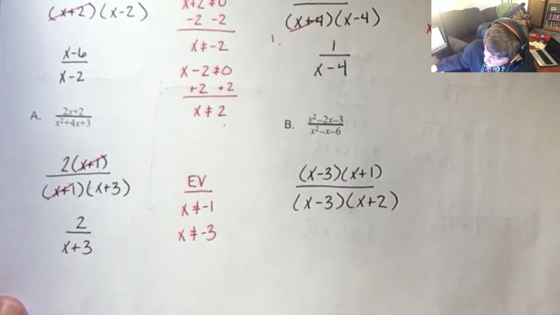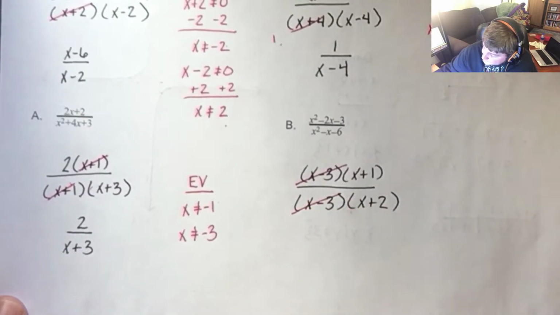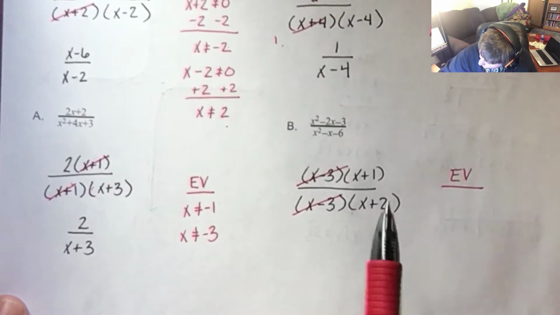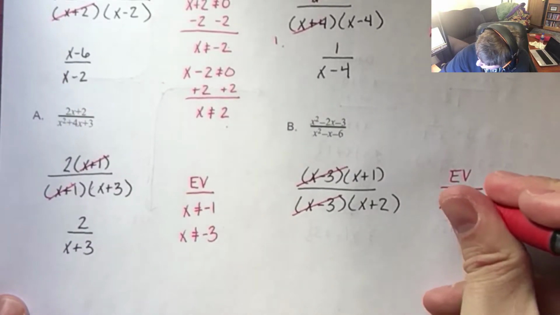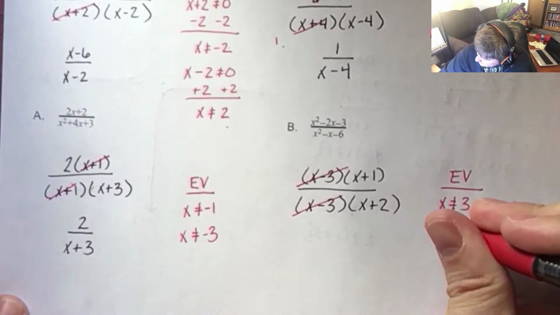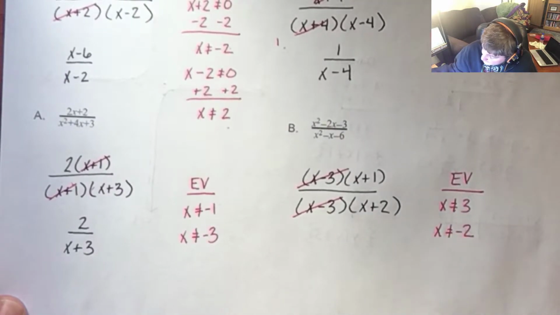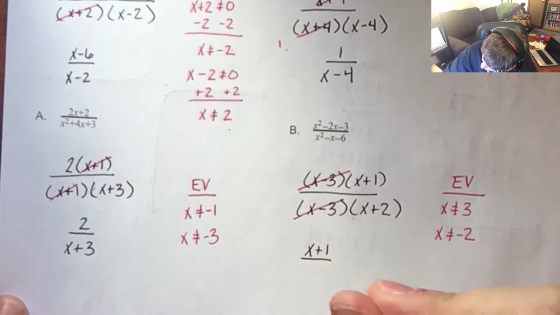I do have common factors here in x minus 3. So that means my excluded values are going to be, well, x can't be 3 because that would make this 0. And then x can't be negative 2 either. Okay, and then my final answer is going to be x plus 1 over x plus 2.